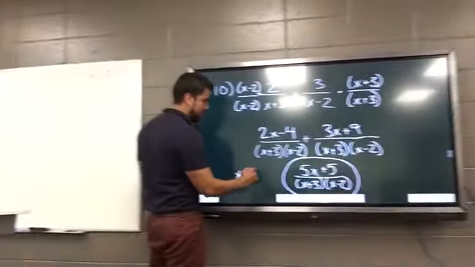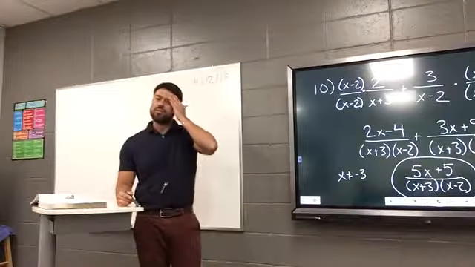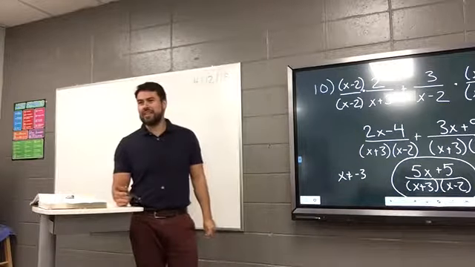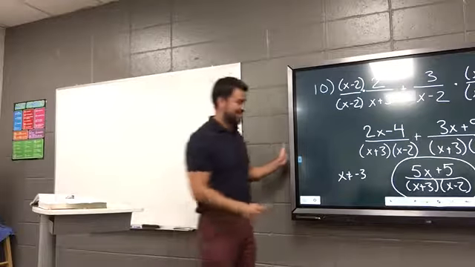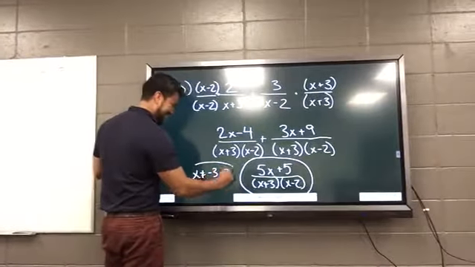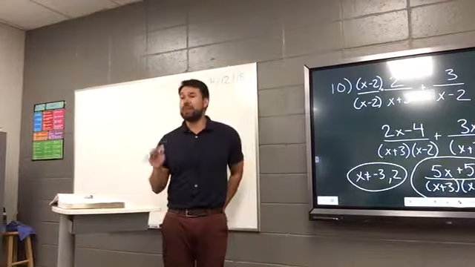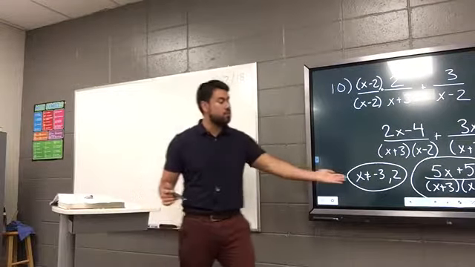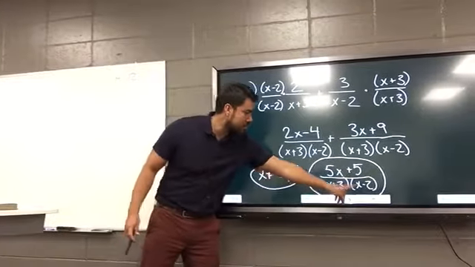X cannot equal negative 3 is one of them. Vivian, the second excluded value. Okay, I'm not putting excluded values as your homework, but you do know how to find it, hopefully. X cannot equal negative 3, x cannot equal positive 2.